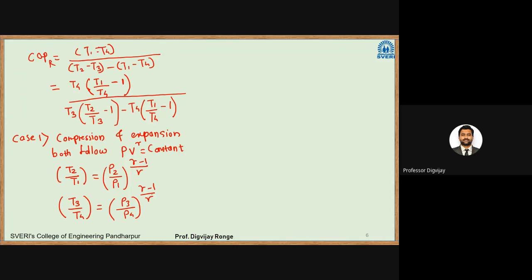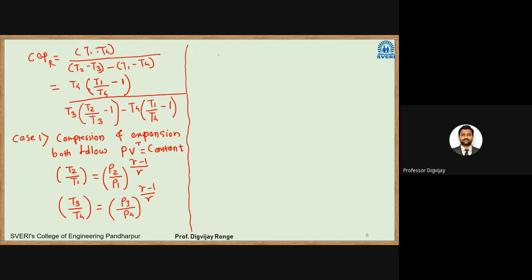So this is the advantage we have when we are undergoing the isentropic processes. So we have written these two expressions, right?